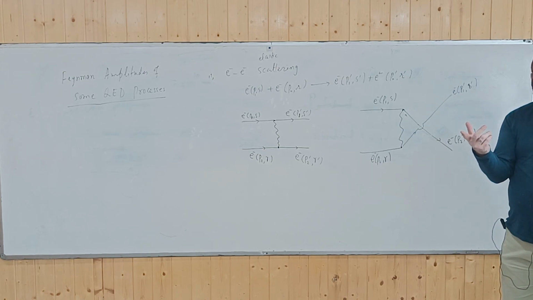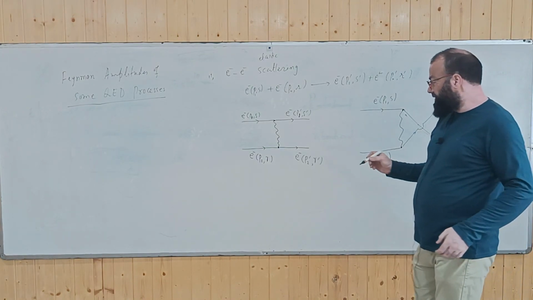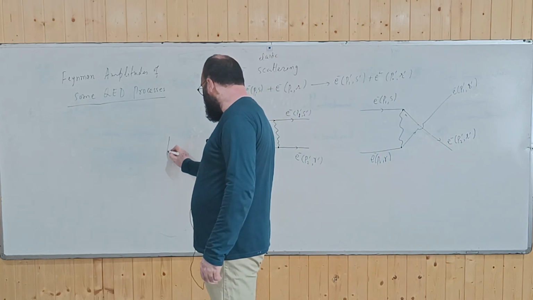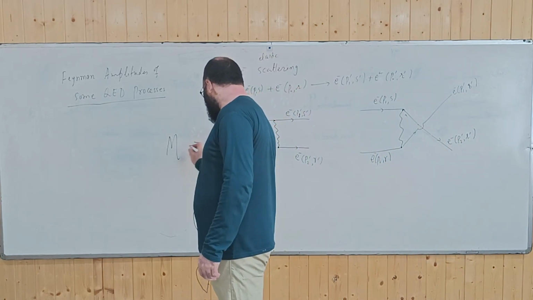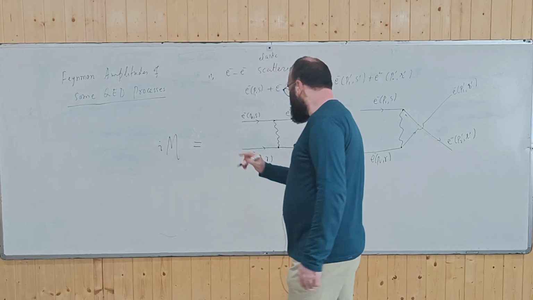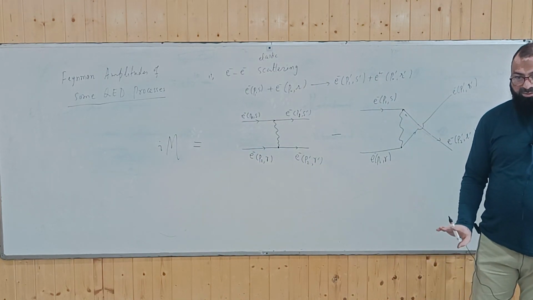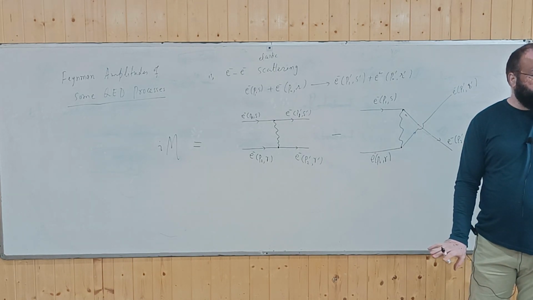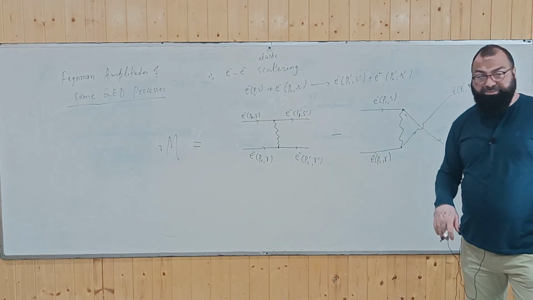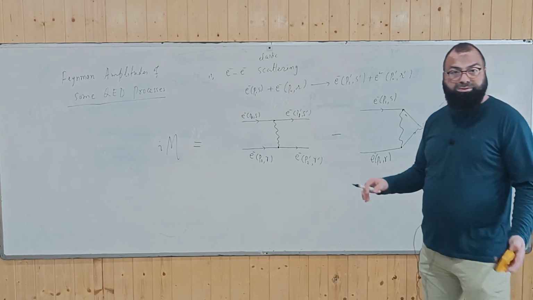It will yield a negative sign. So the total amplitude of this process I can write as the amplitude of this thing minus the amplitude of that thing.